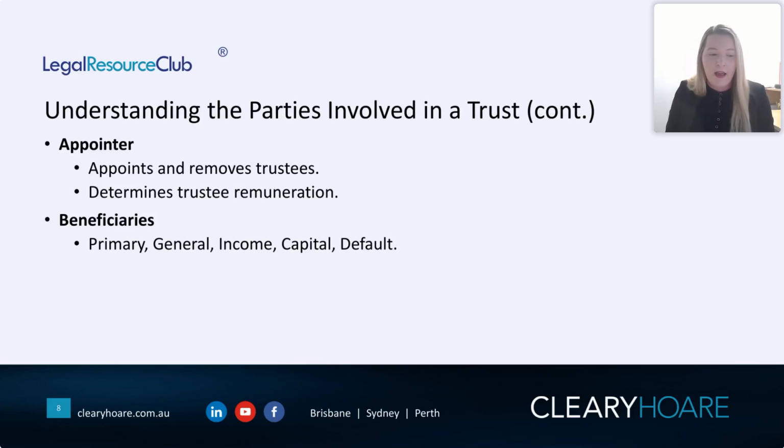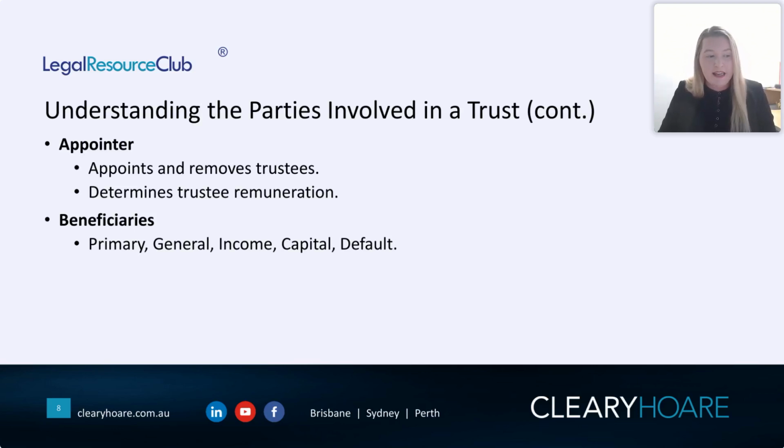And so that way we can ensure that the capital of the trust remains within the direct family and the direct descendants of the client, but we also have that tax flexibility and that ability to stream income amongst a wider range of beneficiaries.